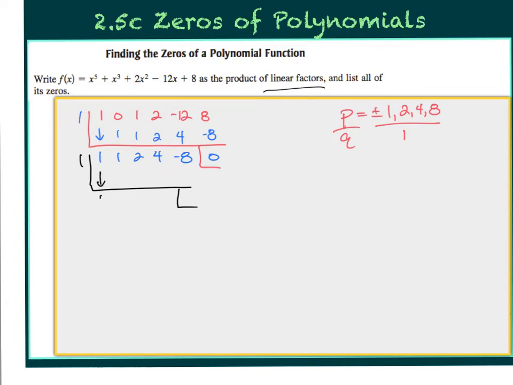So now I get 1, and then 1, and then 2, and then 2, and then 4, and then 0. Look at that. So right now, this 1, 2, 4, 8 actually gives me a what degree? A 3rd degree.